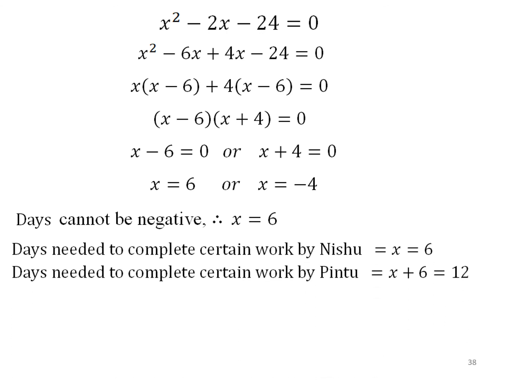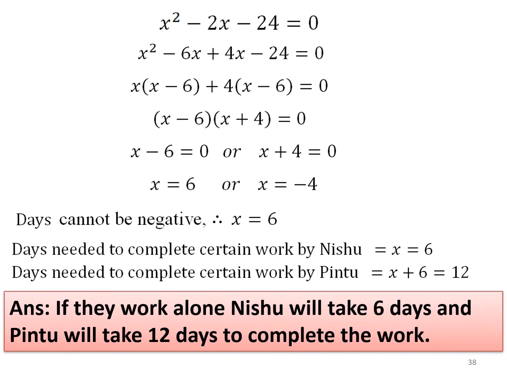Days needed to complete certain work by Nishu is x, which is equal to 6 days, and days needed to complete certain work by Pintu is x plus 6, which is equal to 12. So your final answer is, if they work alone, Nishu will take 6 days and Pintu will take 12 days to complete the work.